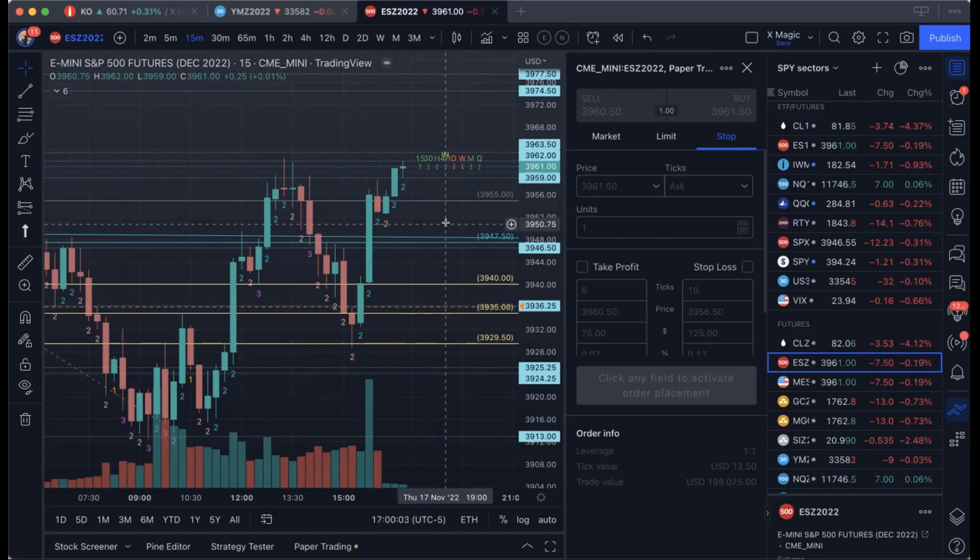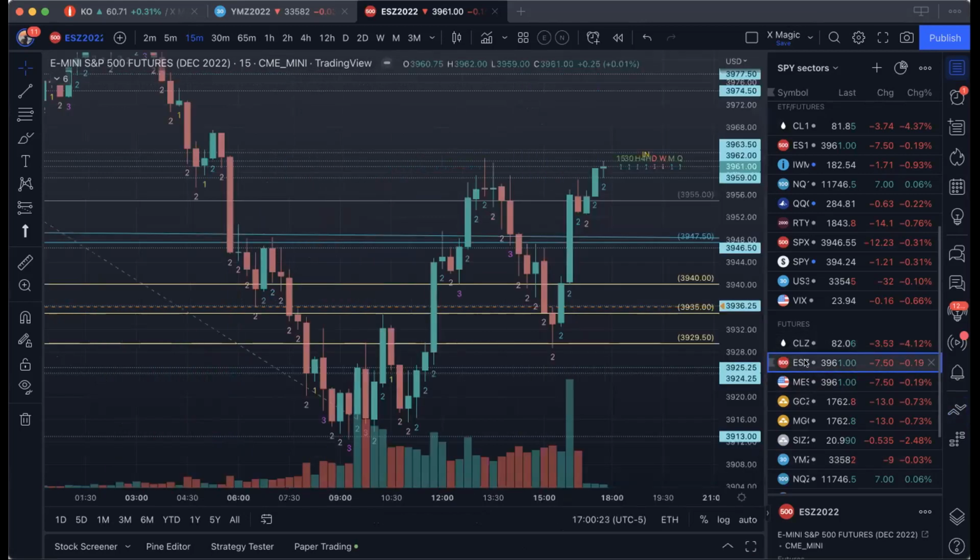But if you want to use the platform in and of itself, you just use their platform and you only pay, I think, $10 or $12 a month to be able to trade specific tickers in the grouping. So CME, for example, ES, let me see real quick.